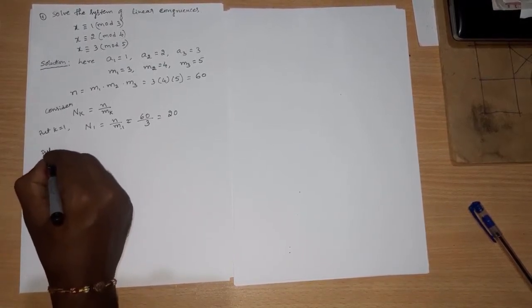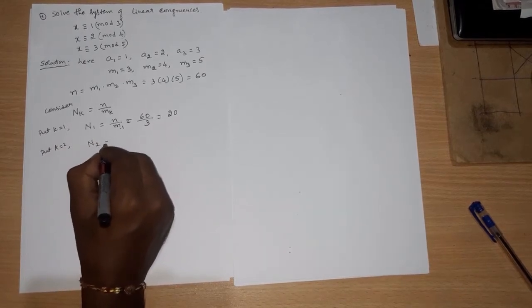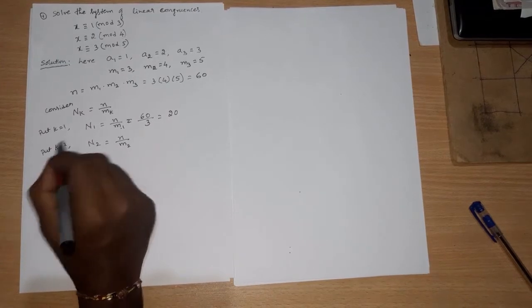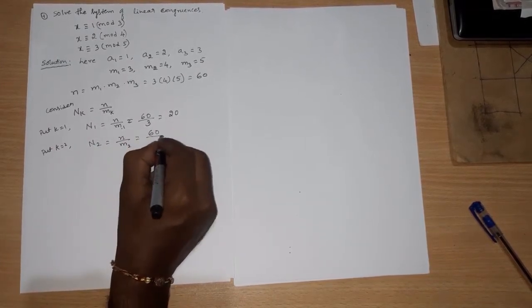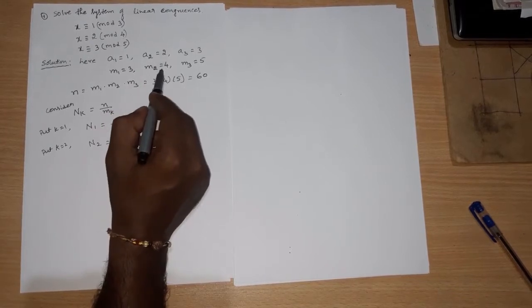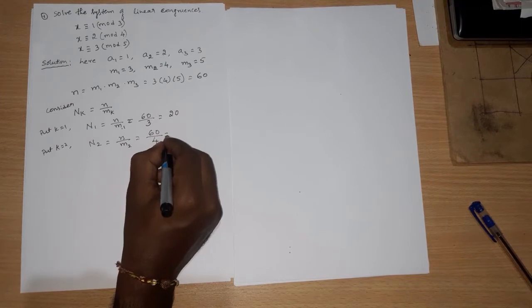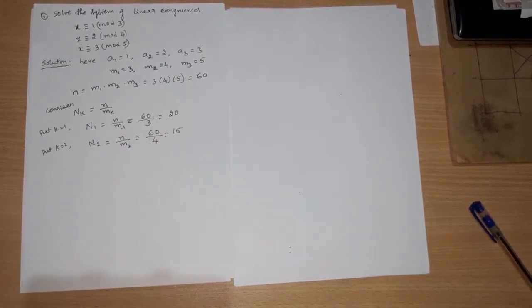Now put k equals 2. So what do you get? n2 equals n divided by m2. So n is 60 divided by m2, which is 4. So you will get 15.